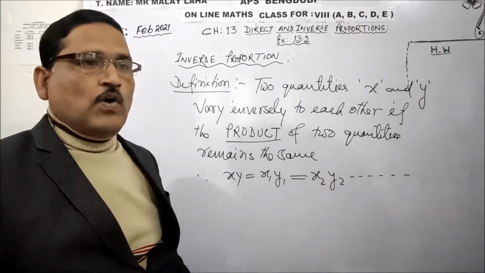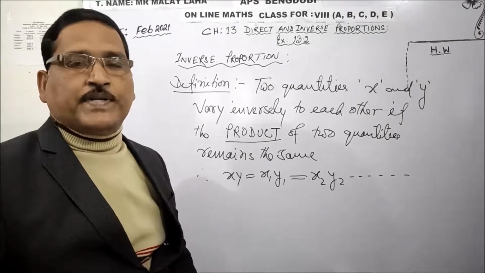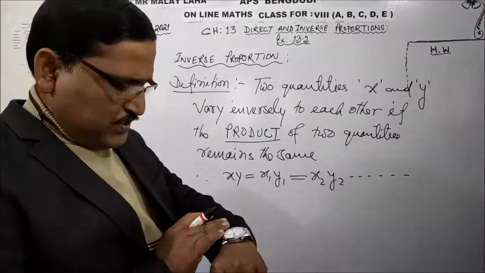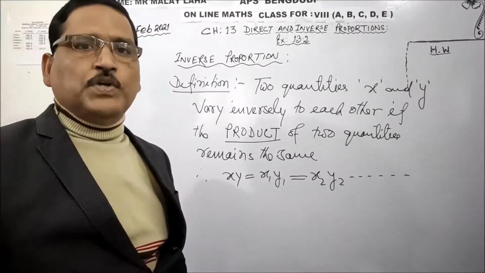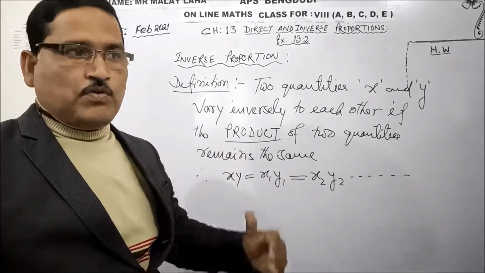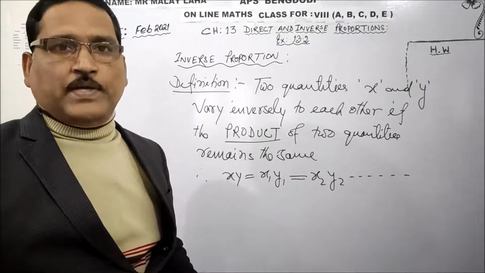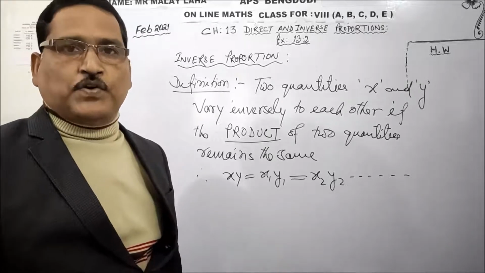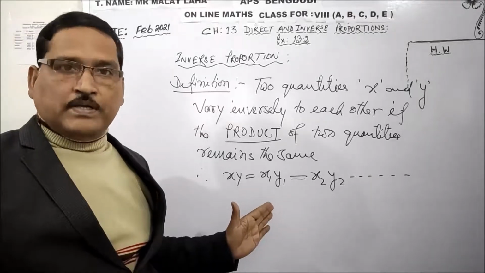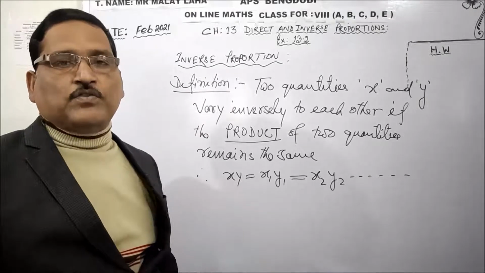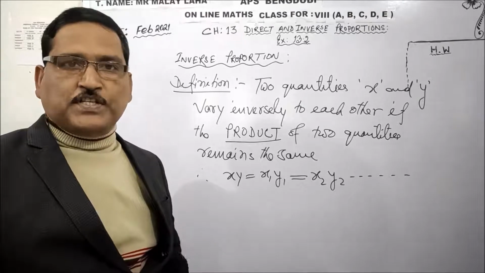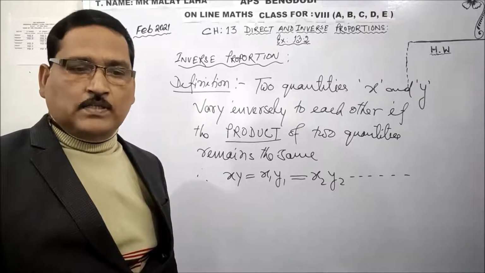What did we do earlier in case of direct variation? We found the ratio of x and y and saw whether it is the same or not. But in case of inverse variation, we need to find the product of x and y. First of all, we have to know whether the situation is varying directly or inversely.